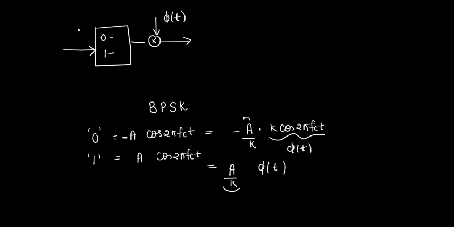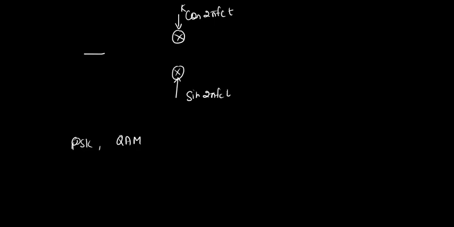In general, any two-dimensional PSK or QAM signal, we can generate like this, where you have to take a number of bits.